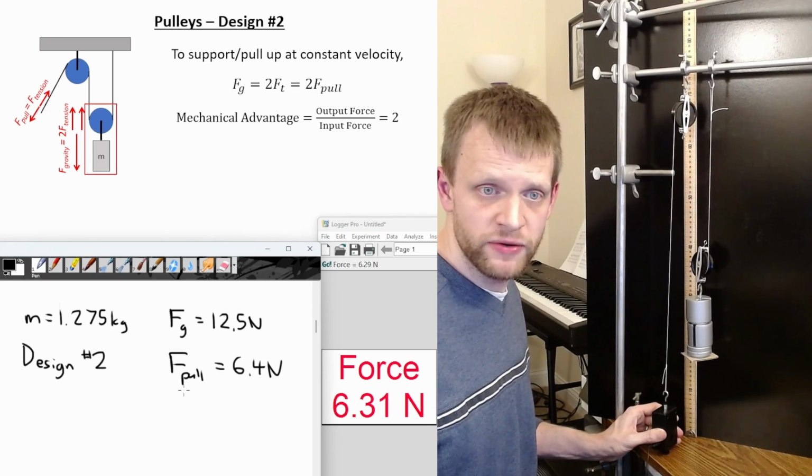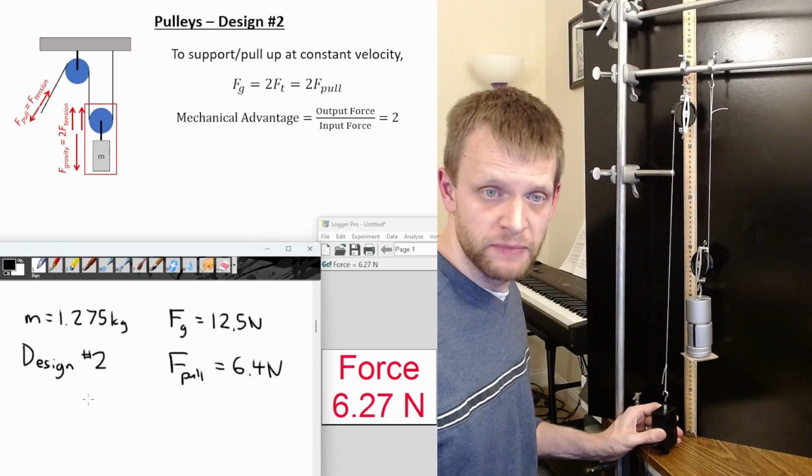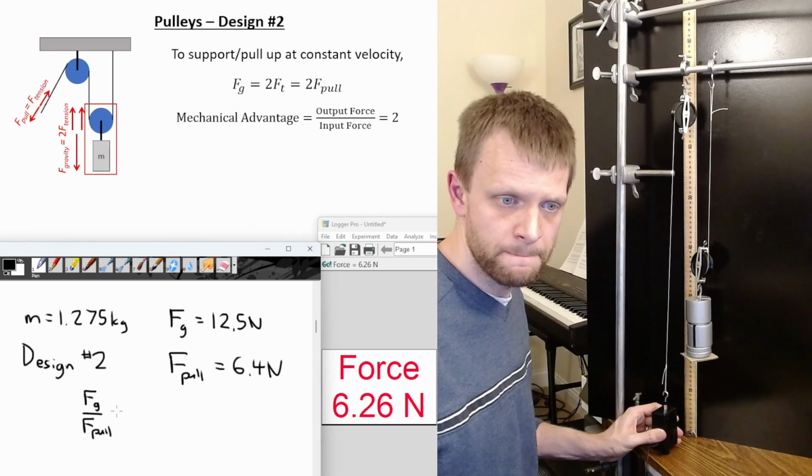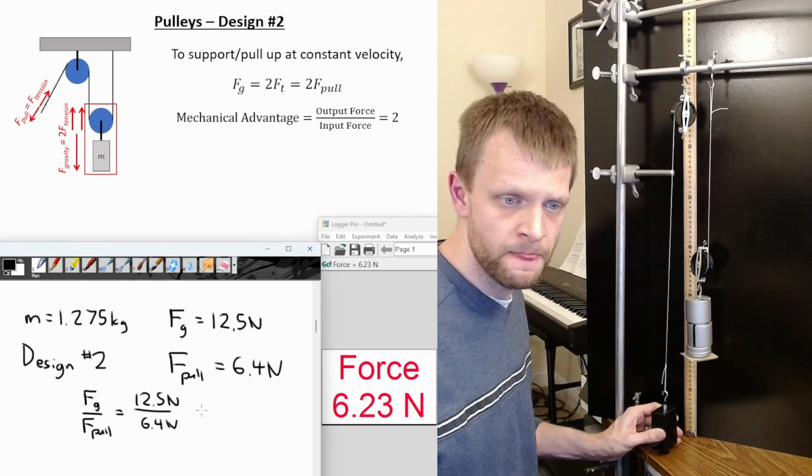And when we compare that to the force of gravity, for this mechanical advantage, we have the force of gravity, this output force, divided by the force of the pull, which is 12.5 newtons divided by around 6.4 newtons.